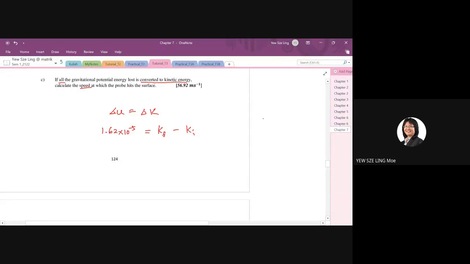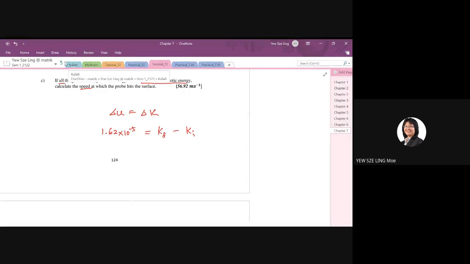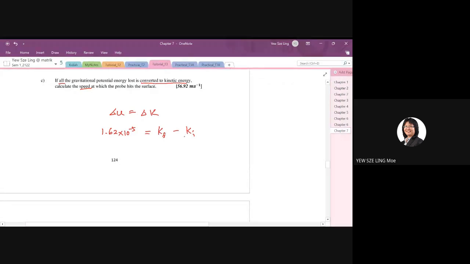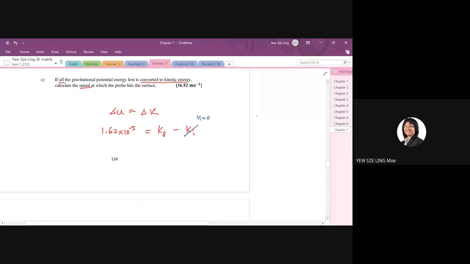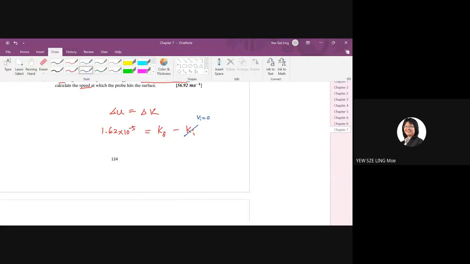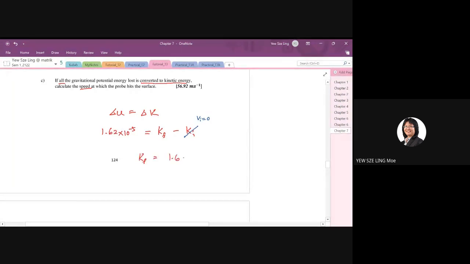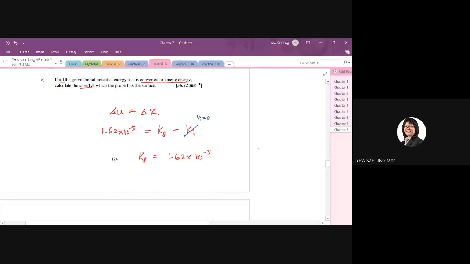Again, it drops from a point 1 km above the moon, which means initially v is equal to 0. Therefore K initial is equal to 0. So what is left in the equation is that K final is equal to 1.62 times 10 to the power of negative 5.